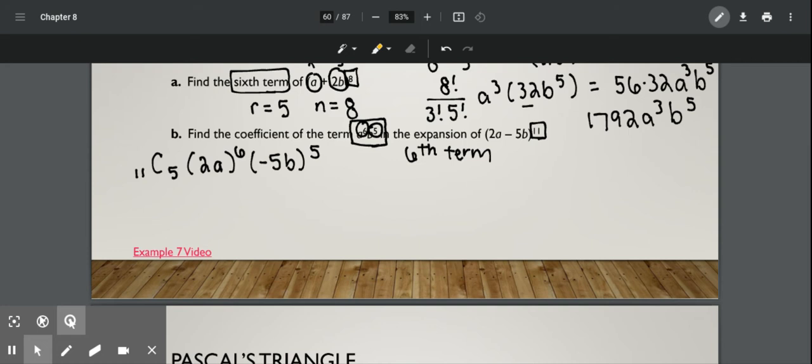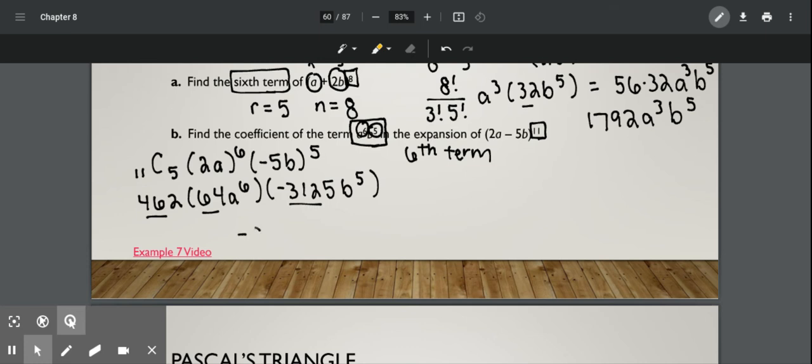So when you simplify that 11C5, you get 462. 2a to the 6th is 64a to the 6th. Negative 5b to the 5th is negative 3125 b to the 5th. And then we need to multiply the 462, the 64, and the negative 3,125.